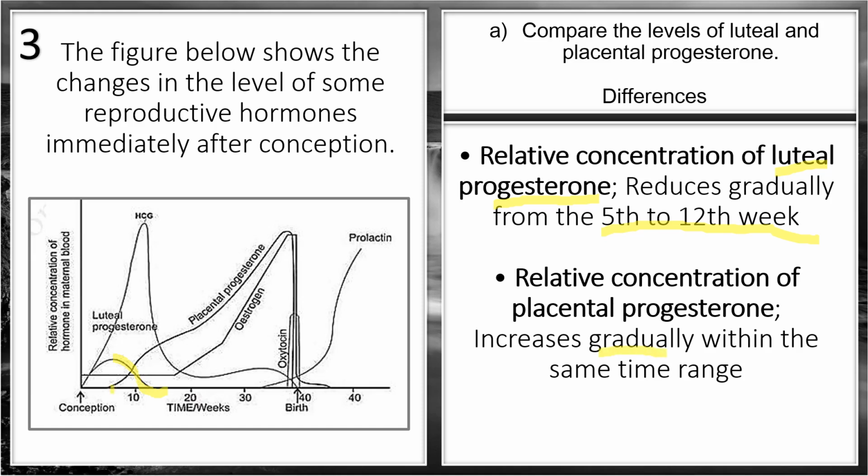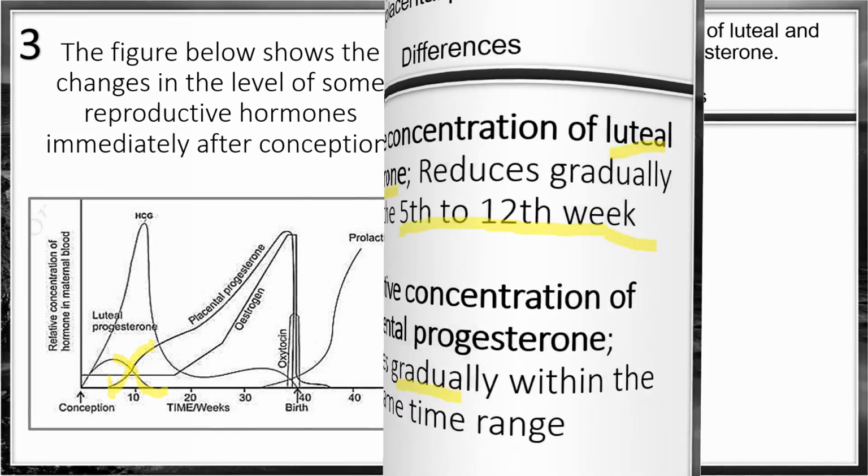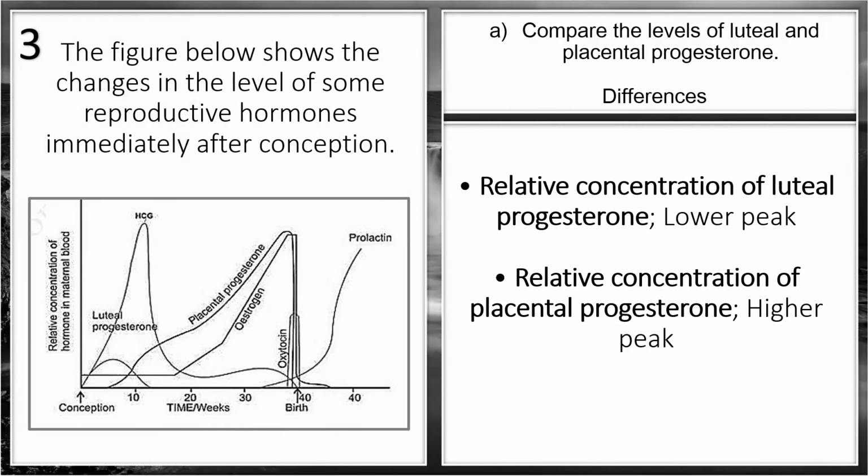So from the 5th week for the placenta up to the 12th, it increases gradually. Lutein progesterone has a lower peak, whereas the placental progesterone has a higher peak.